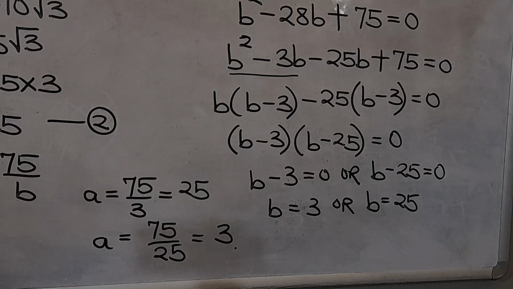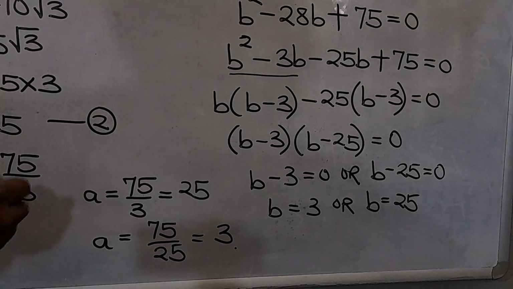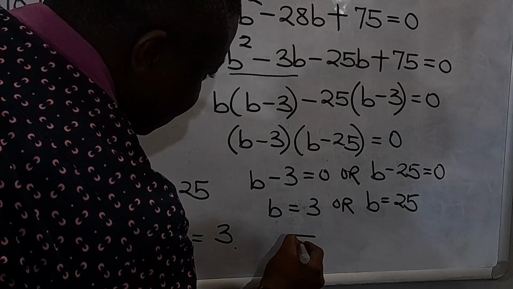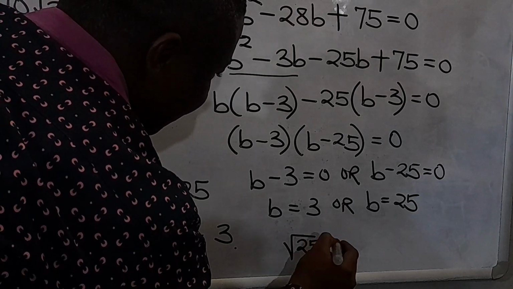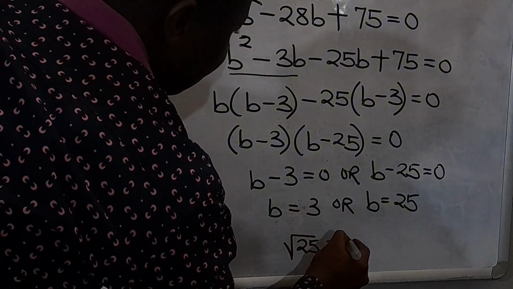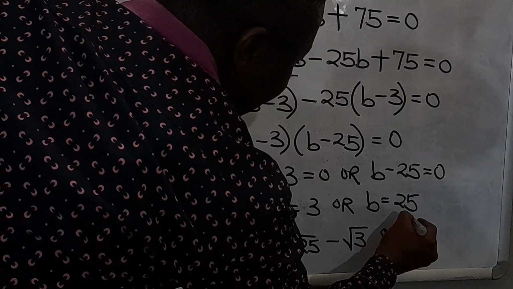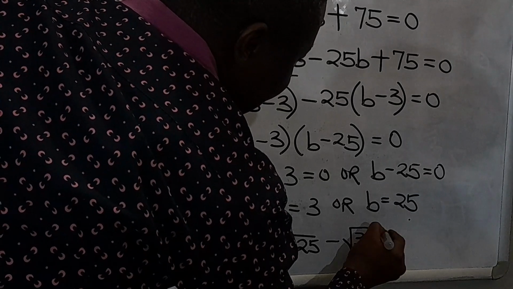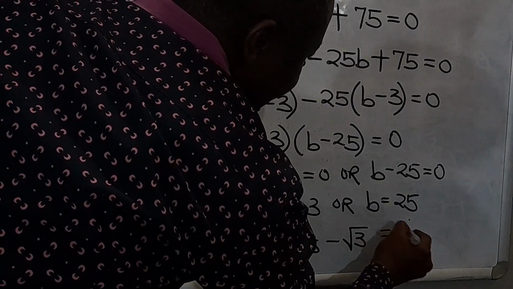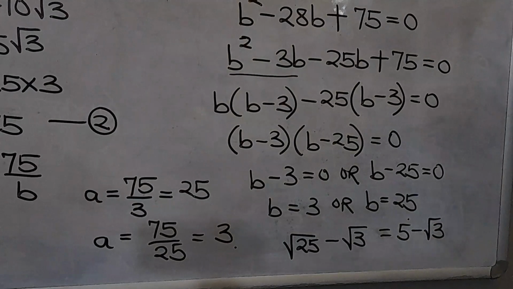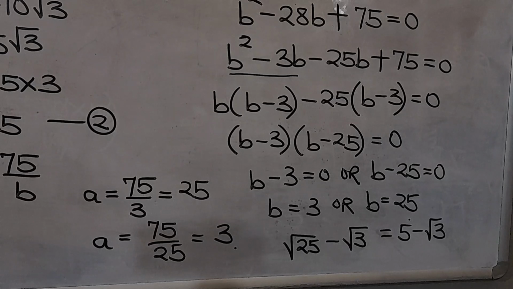So the root of the equation is root 25 minus root 3, or that is, you have 5 minus root 3. You can do it the other way. You have your answer.